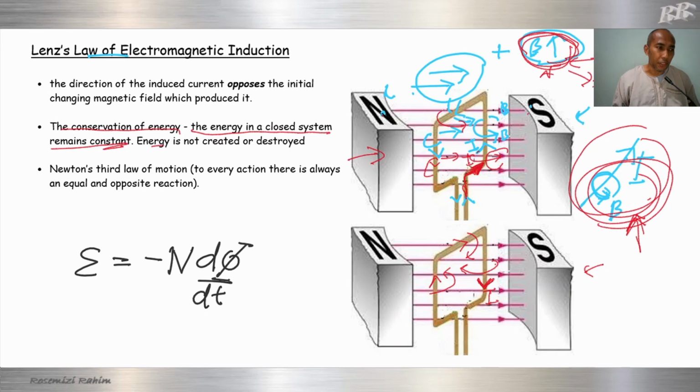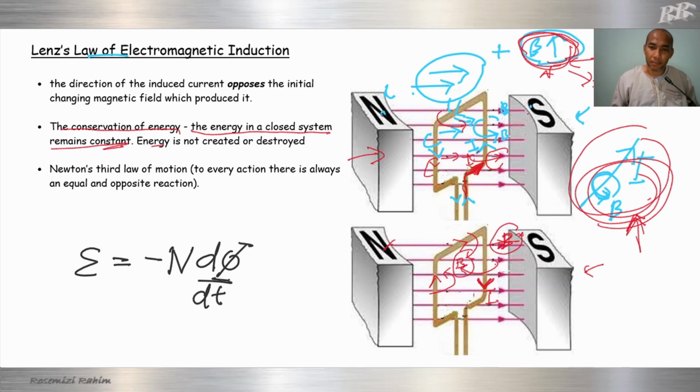We can see that the magnetic field produced by this induced current is against the magnetic field produced by the permanent magnet. The permanent magnet's field goes to the right, and the magnetic field produced by the induced current goes to the left. So this magnetic field is against the existing magnetic field, and the total magnetic field will be reduced.